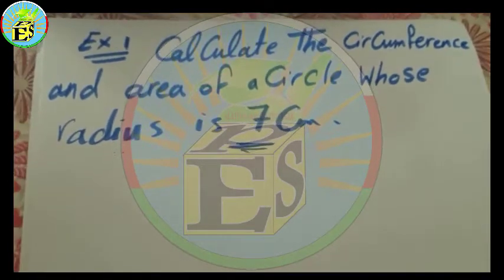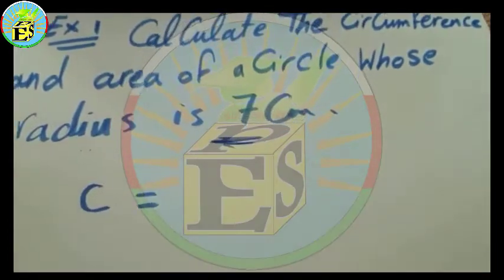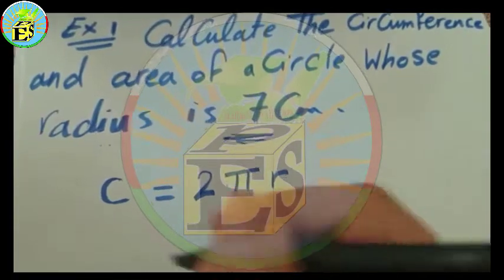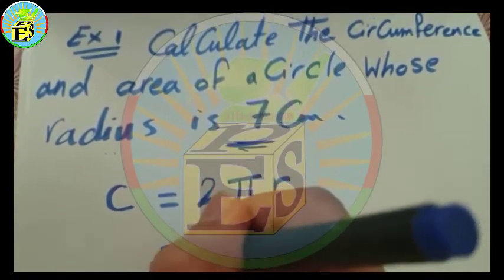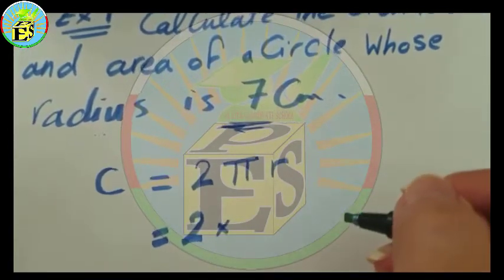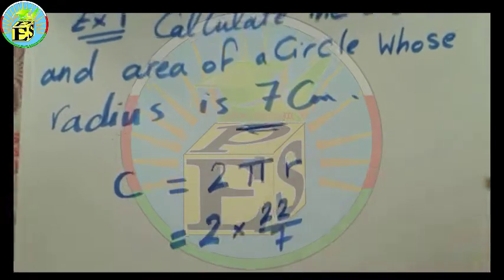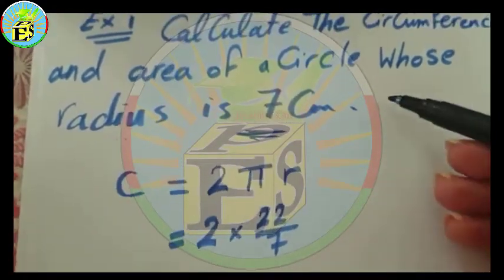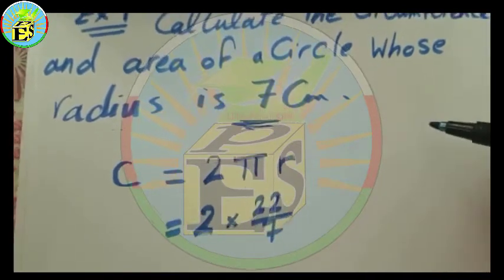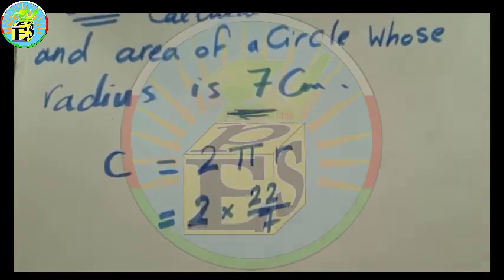What is the rule of the circumference? Circumference equals 2πr. π is a constant, equal to 22 over 7. In some problems he gives you π as 22 over 7 or 3.14. If he doesn't give it to you, use whatever you want, 22 over 7 or 3.14.